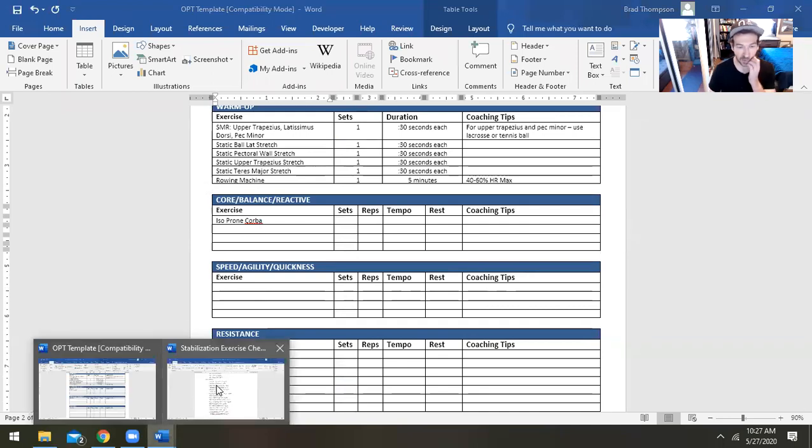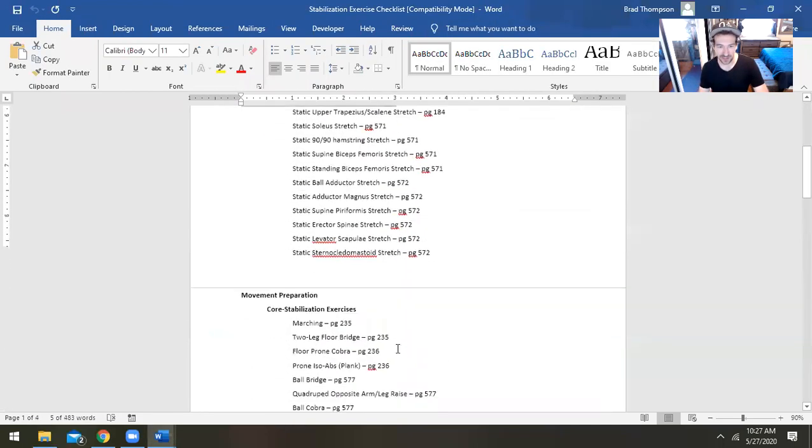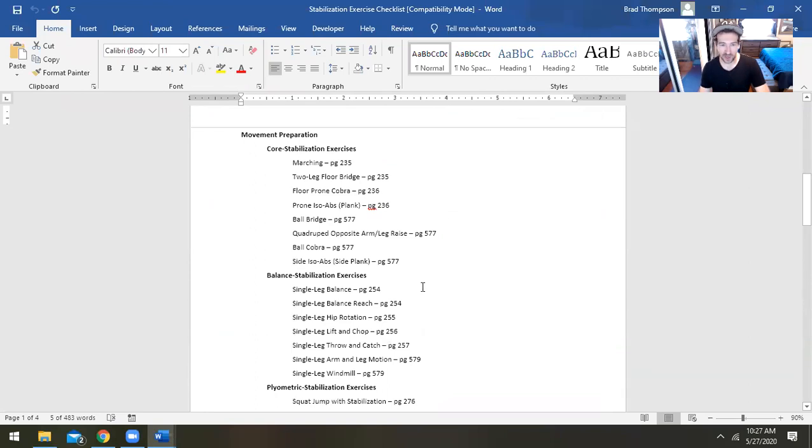Now, some other core exercises that might be pretty relevant here, if we go down to the core, we've got the side iso abs, which will allow you to contract and push yourself up into a neutral alignment. Even a prone iso abs allows you to push away and activate those serratus muscles.